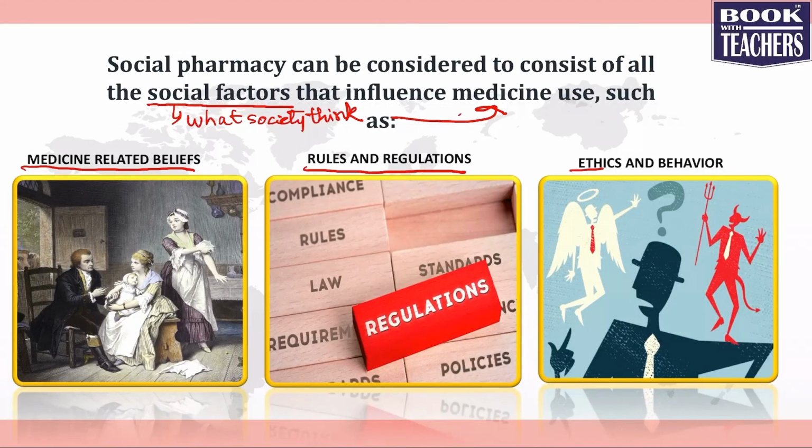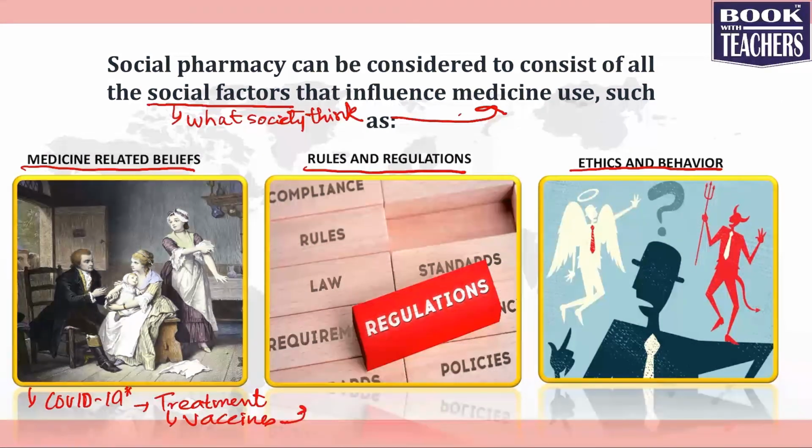So coming to medicine related belief, we all are aware of COVID-19 now, correct? But when it came out, there was a lot of confusion and panic among all of us. Now why was this? Because there was no treatment for it, correct? But then what happened? The government and various agencies started to introduce vaccines. And with these vaccines came different beliefs of people regarding their safety and their efficacy.